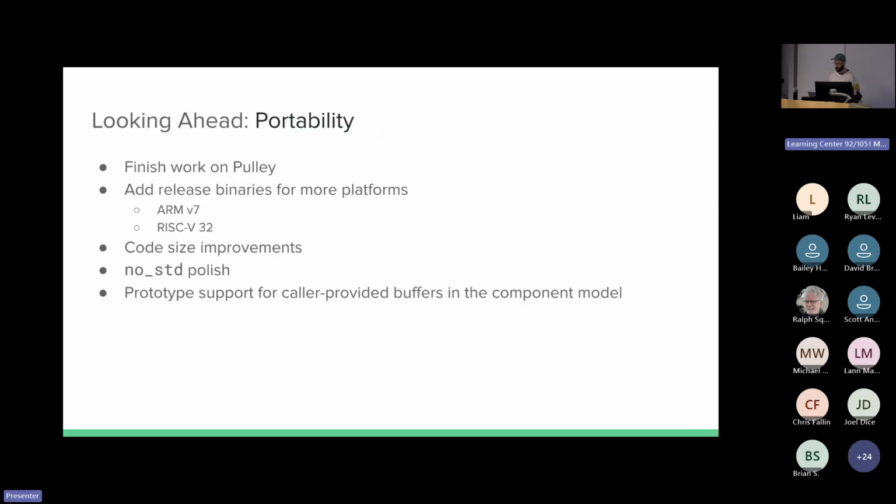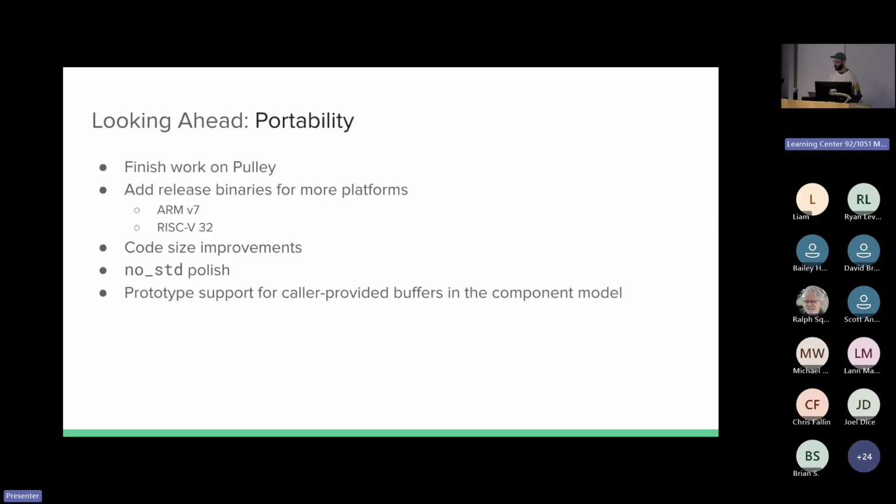And of course, there's all of the work on Pulley that I talked about earlier that was still to be done. If we get Pulley in a good place, then that means we can bring Wasmtime to new targets that it can't go to right now. And we could start adding binaries to our releases for ARMv7 or RISC-V 32 or Xtensa or something like that.